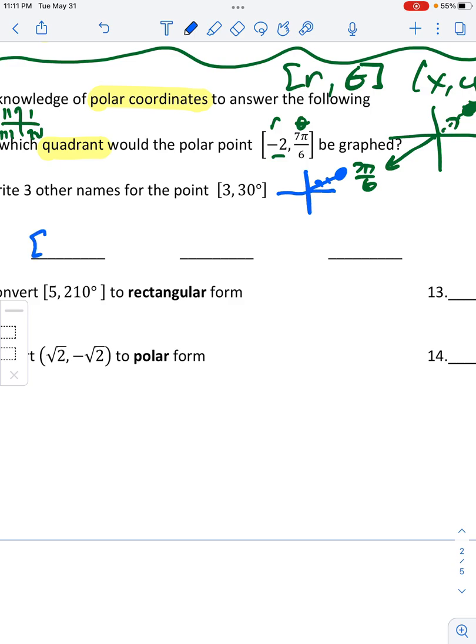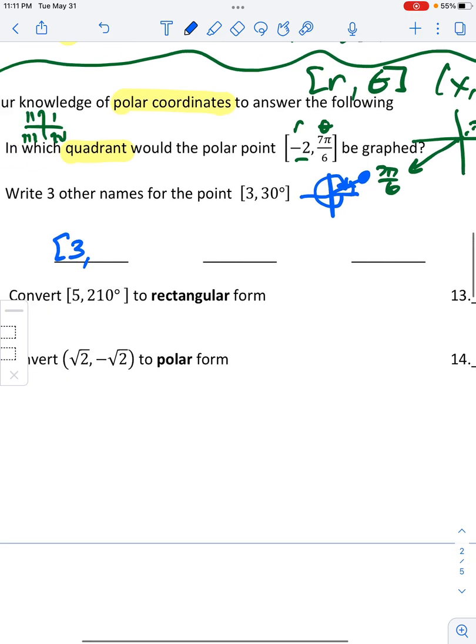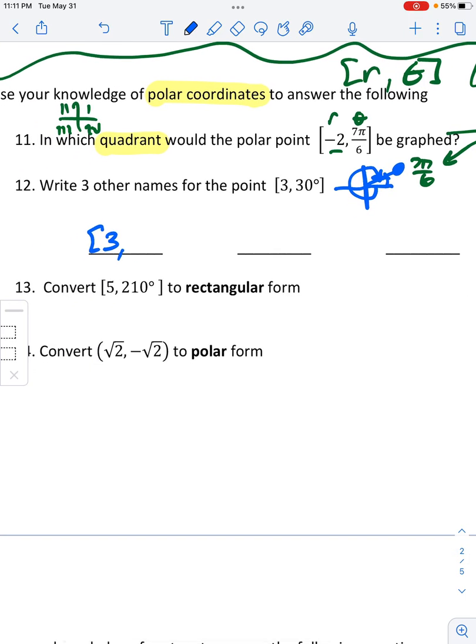But you can go to 30 degrees like that, or you can go this direction, which is a negative. So I'm still going to be going in the same general direction, but instead of calling that 30 degrees, I'm going to call it what it would be if I went the other way, the rest of the way around the circle. So negative, because I'm going clockwise instead of counterclockwise. And 330, because that's how far it would be around the other direction.